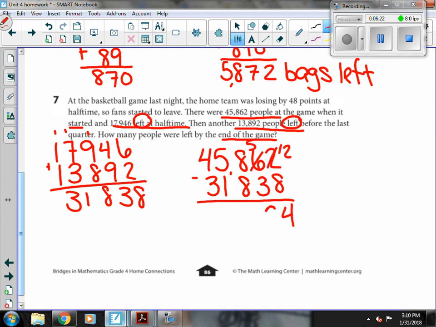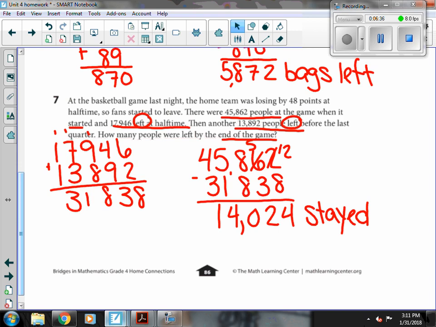Five minus 3 is 2, 8 minus 8 is 0, 5 minus 1 is 4, and 4 minus 3 is 1. So I'm going to say that 14,024 people stayed until the very end of the game. And that is tonight's homework as our review for our test Friday.